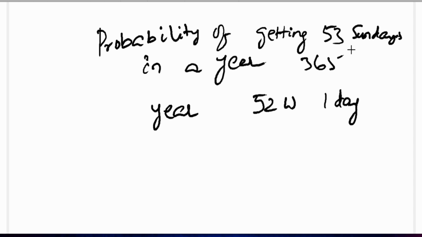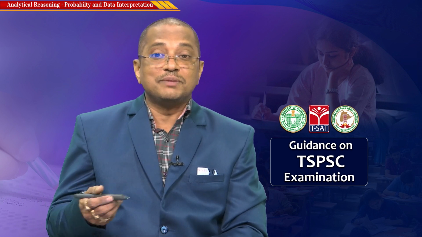Each week has a Sunday, so there is a possibility of 52 Sundays. This odd day may be any of the weekdays, maybe Sunday, Monday, Tuesday, Wednesday, Thursday, Friday, Saturday. So, how many possibilities are there? There are 7 possibilities.